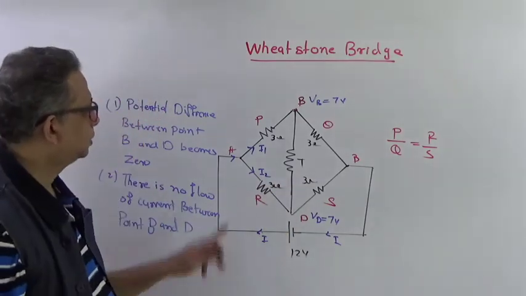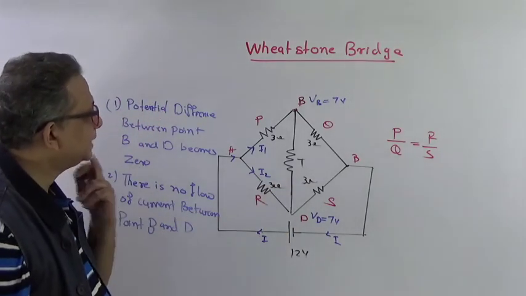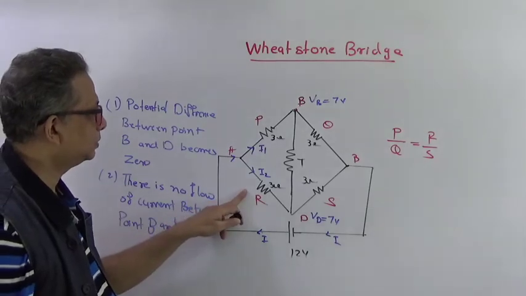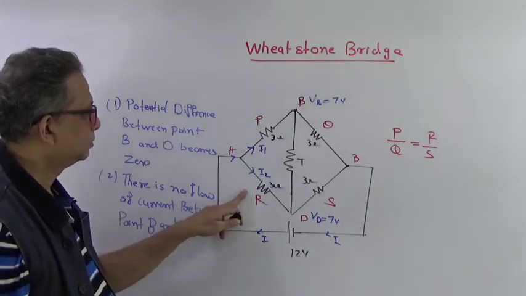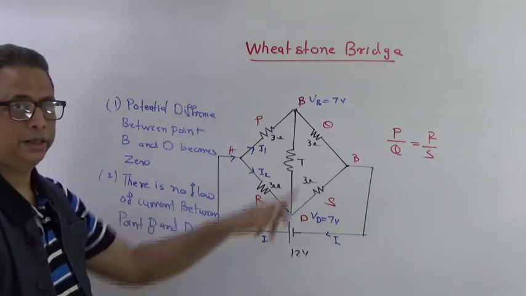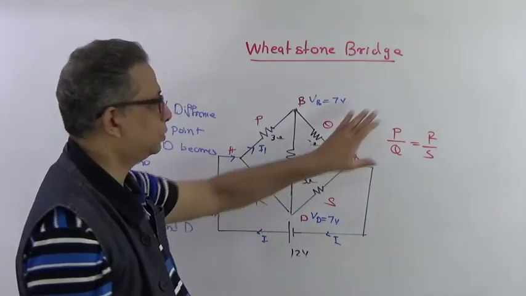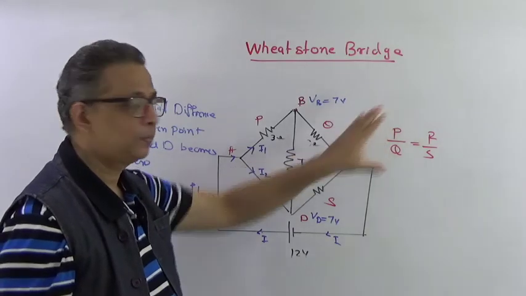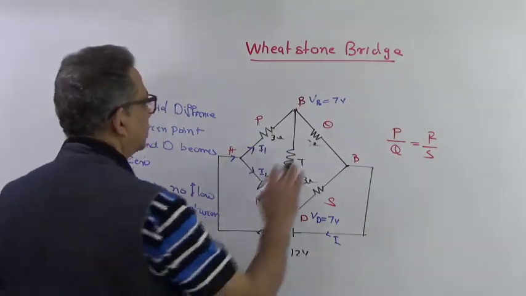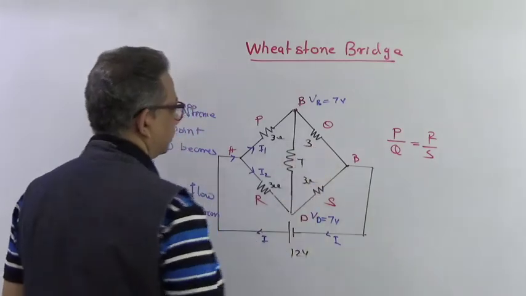Suppose 3 ohm resistors are connected in this series. So as you can see, 3 upon 3 is equal to 3 upon 3. So this condition is met, correct? So this is a balanced bridge.